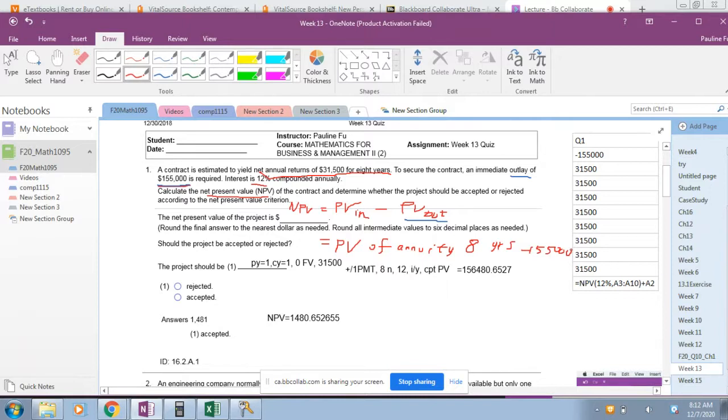For the first part, we can use formula, then we can use calculator, because this lecture has a review purpose, so I'm going to use both.